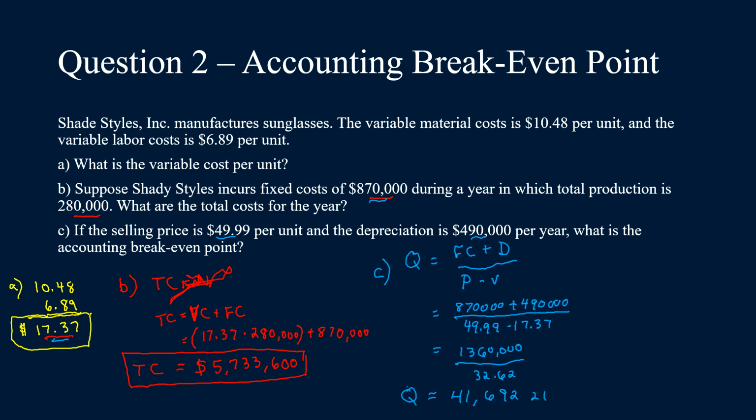However, as we all know, you really can't produce 0.21 units. So what we would end up doing is simply rounding it up. So the quantity is approximately equal to 41,693 units.